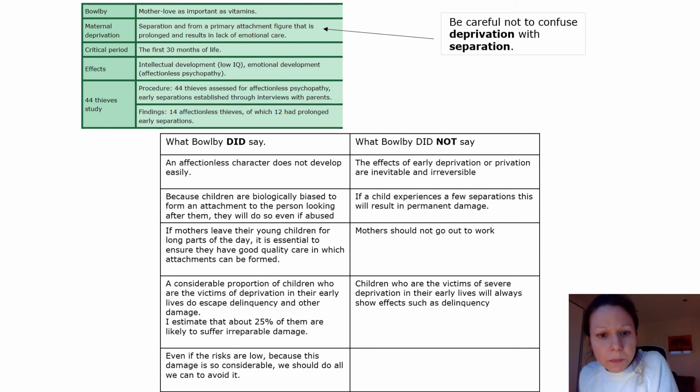A considerable proportion of children who are the victims of deprivation in their early lives do escape delinquency and other damage. And Bowlby's recognising that. So whilst Bowlby is telling us, if you are deprived of your mother in infancy, it can have consequences such as delinquency, such as affectionless psychopathy, such as deviant behaviour, he's painting this really bleak picture.